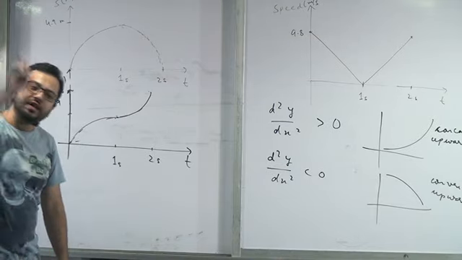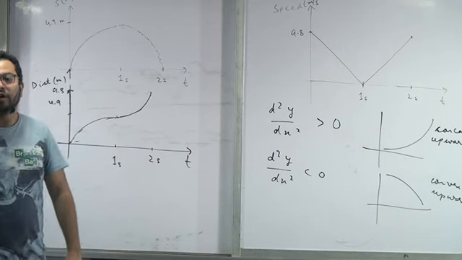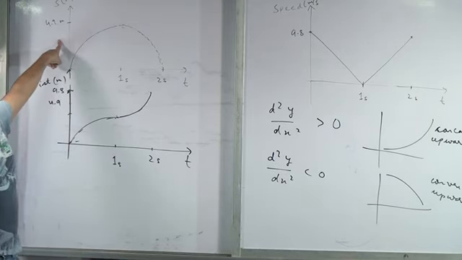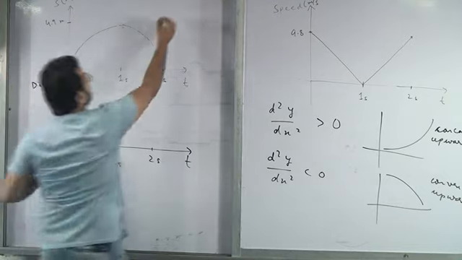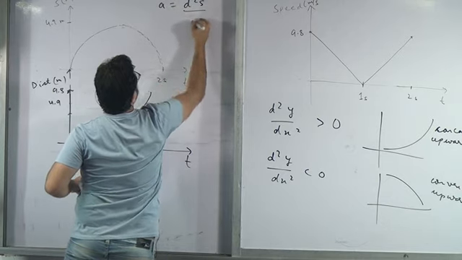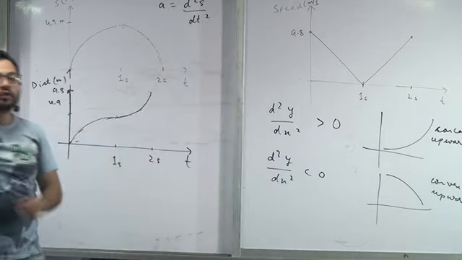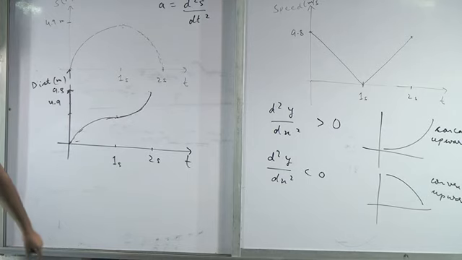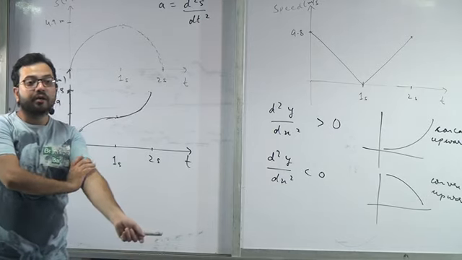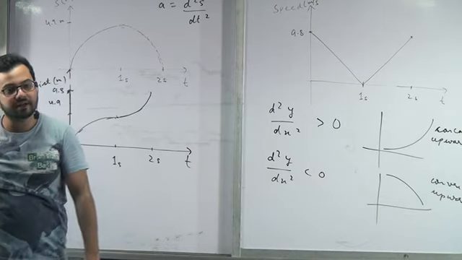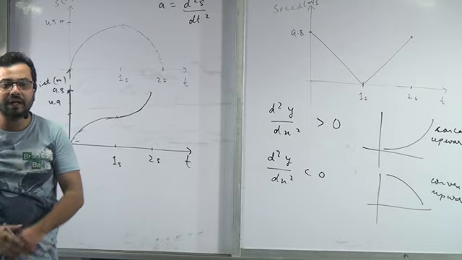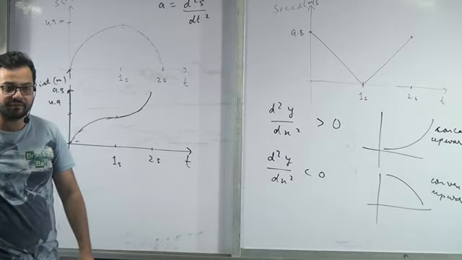If I differentiate it again, now do I already know the acceleration? What is the acceleration? Minus 9.8 meter per second square, because the acceleration is negative, it is downwards. Is that right?